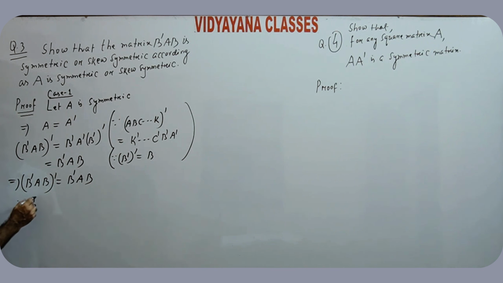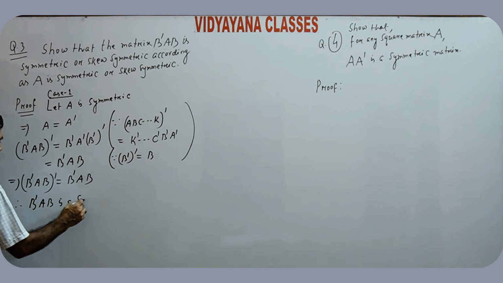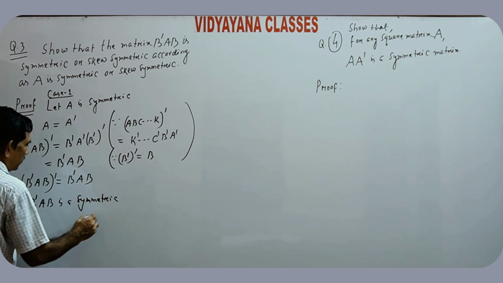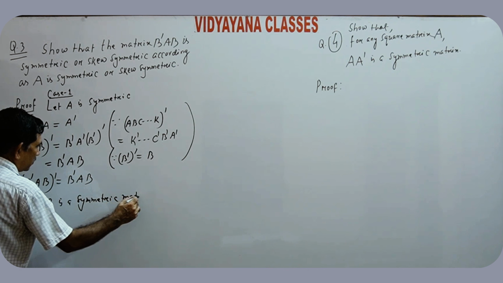Therefore, B dash A B is a symmetric matrix.